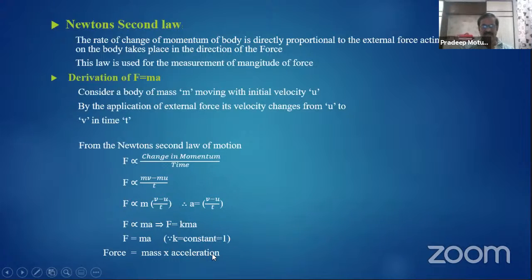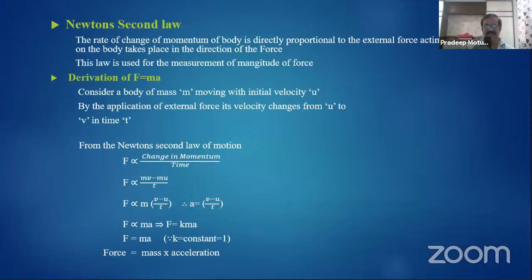If you take k as 1, then F is equal to ma. That means the force is equal to mass into acceleration. What is a? Acceleration, the rate of change of velocity.